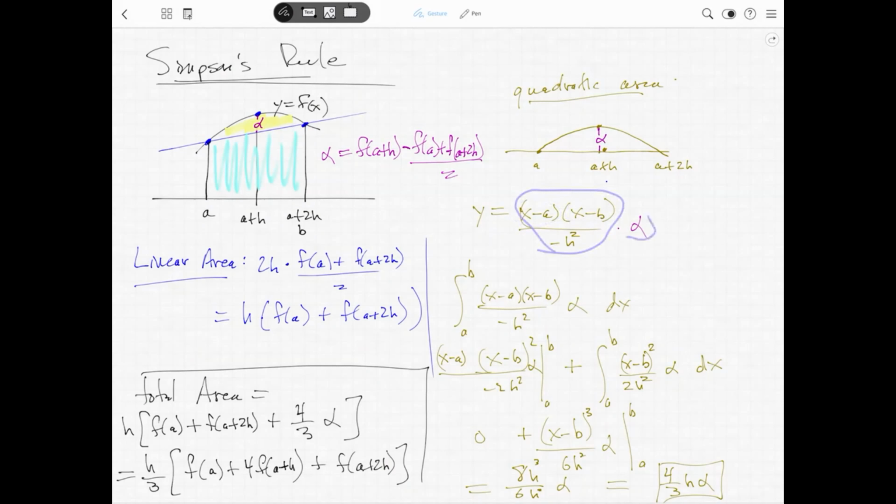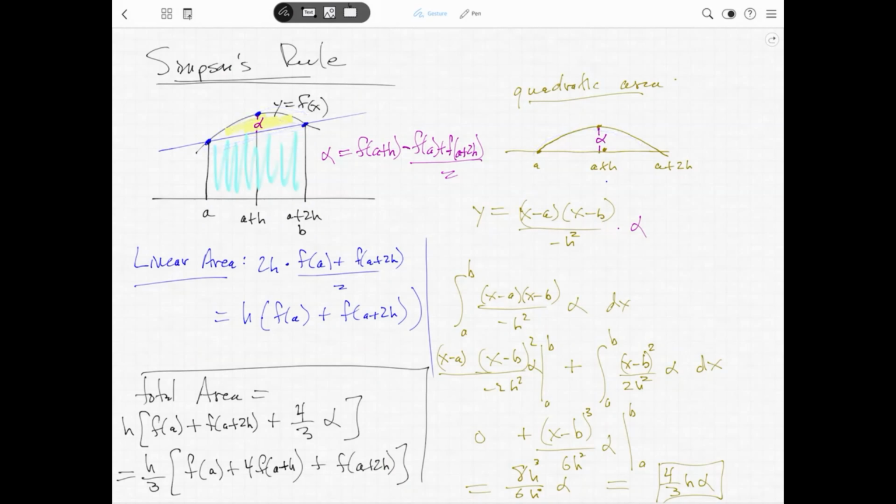Therefore, if we just multiply it by alpha, this function will take the right value, alpha, at the point a plus h. So the area under this curve will be the same as the area between the parabola and the linear interpolation. Let's compute the area here.